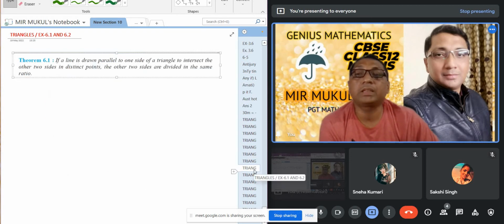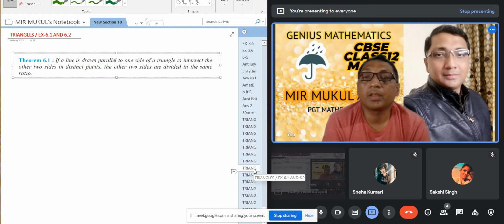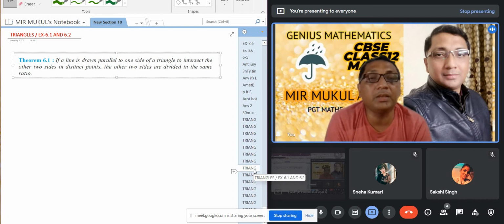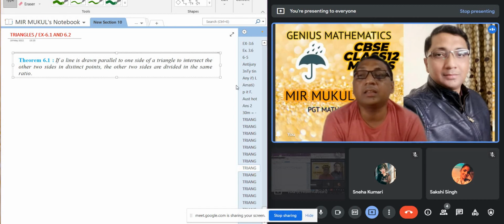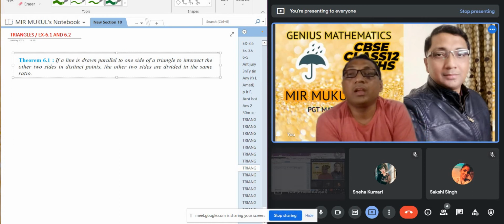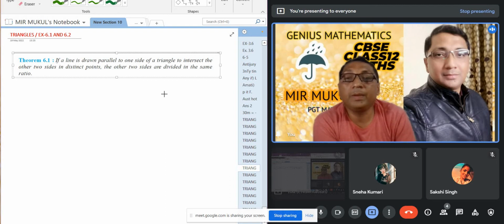Now I'm explaining this very important theorem, so I'll prove it also. In the video you have observed how we can prove Thales theorem. If a line is drawn parallel to one side of a triangle to intersect the other two sides in distinct points, the other two sides are divided in the same ratio. So I am also proving this.